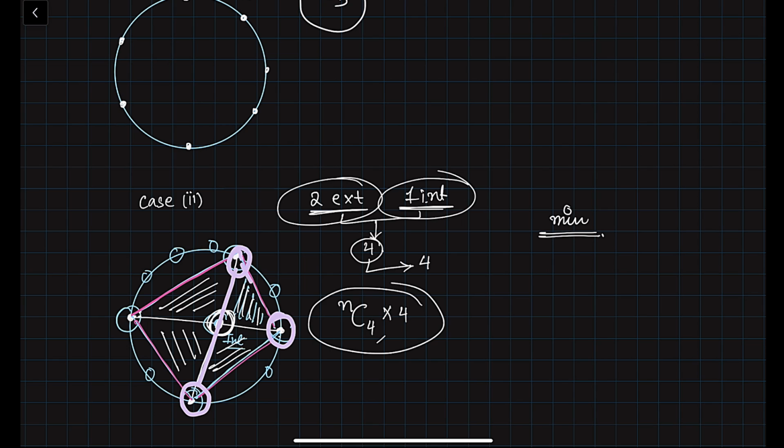Right, this triangle is also inside this quadrilateral, this structure that we have formed. But notice that this has already been counted in case 1. So if we count this again, it will be double counting. So we are avoiding the double counting and we are only considering unique cases.